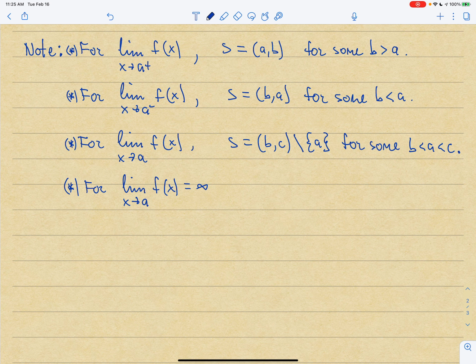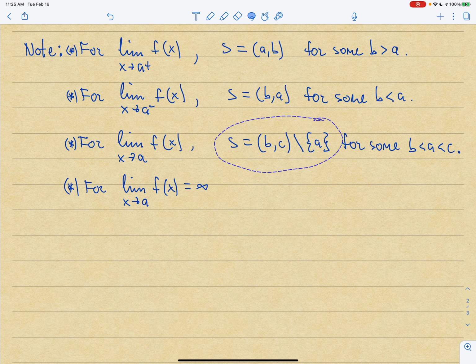Well, it's the same thing, right? In fact, we don't really even need to write this as a separate case, because for the infinite limit, I would still take the same punctured interval as in the previous case, except that then along any sequence xn that converges to a, the values of f of xn must go to infinity.